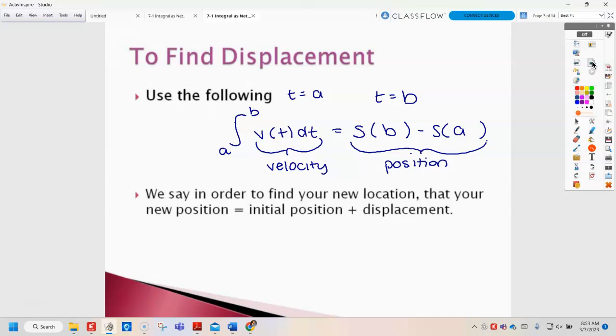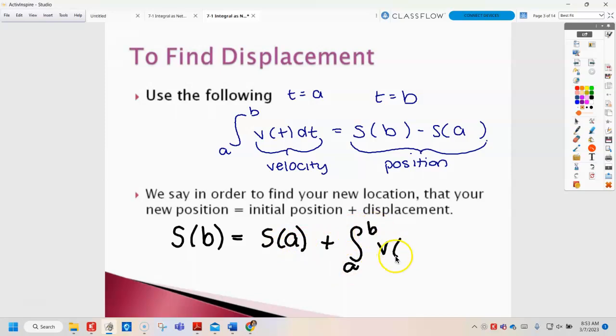And then we say in order to find a new location, your new position, which we'll call S of B, is equal to your initial position plus your displacement.